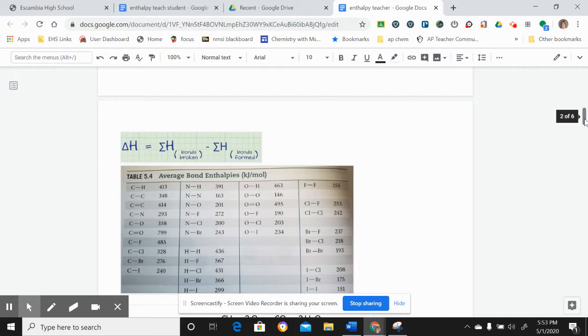So do not go products minus reactants in all of them. Think of this as, if I'm looking at average bond enthalpies, we're taking bonds broken minus bonds formed. So they're broken on the reactant side, they're formed on the product side. So bonds broken is the reactants, bonds formed is the products.